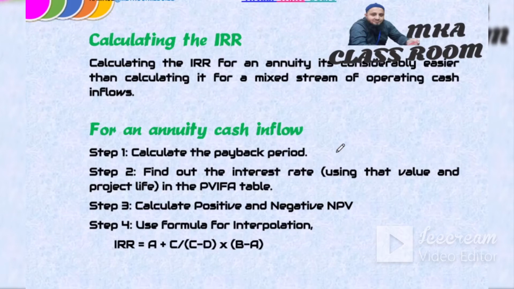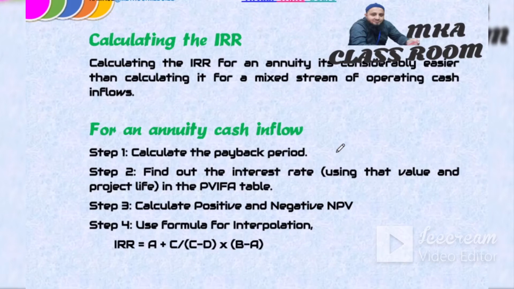Then we need two NPVs. One is a positive NPV, another is a negative NPV. After that we will use the interpolation formula.